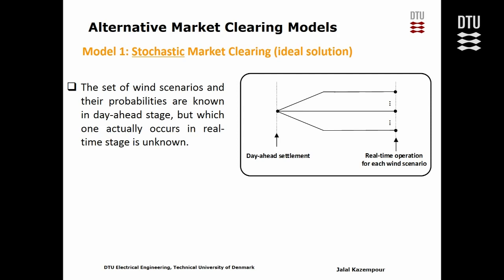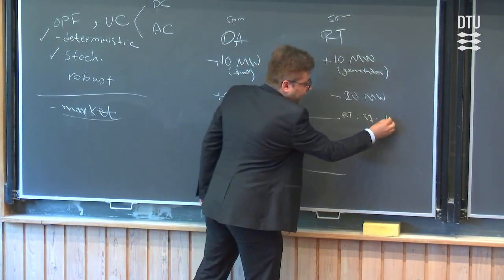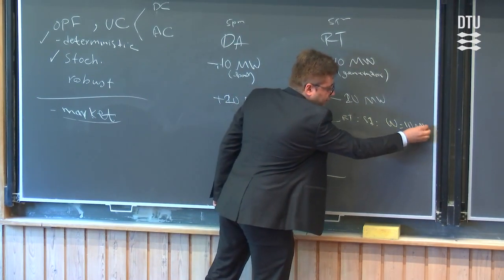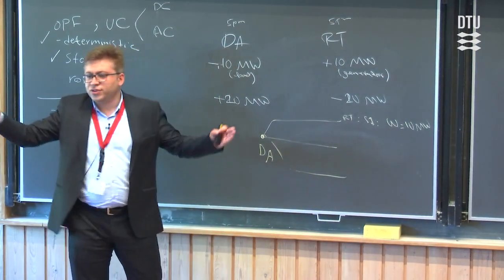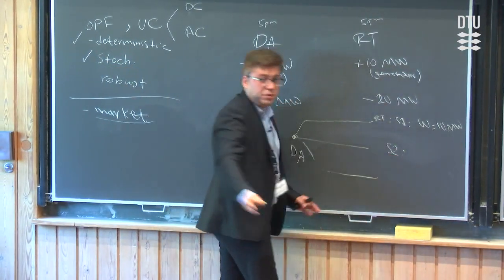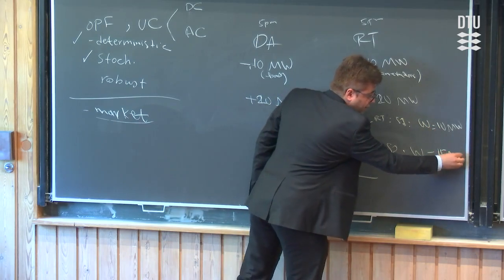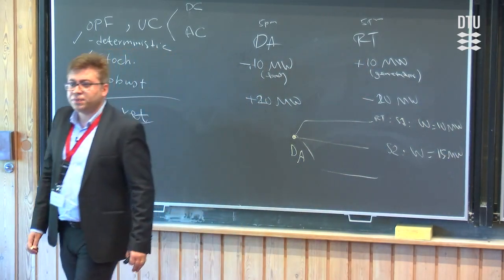Please. Yeah, sure. So in the day-ahead stage, you're saying that maybe in the real-time stage, under scenario 1, my wind power will be 10 megawatt with a probability of, I don't know, 50%. But under scenario 2, maybe my wind power will be 15 megawatt with a probability of 20%.